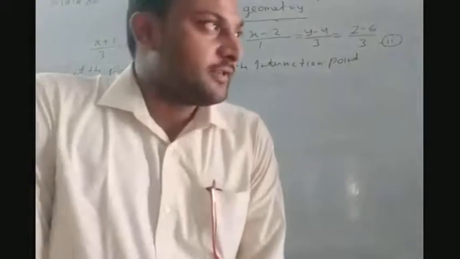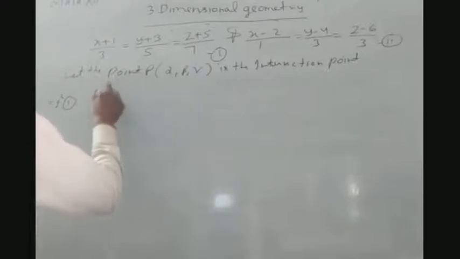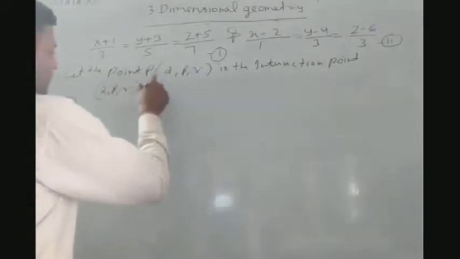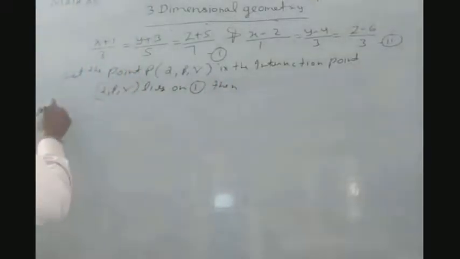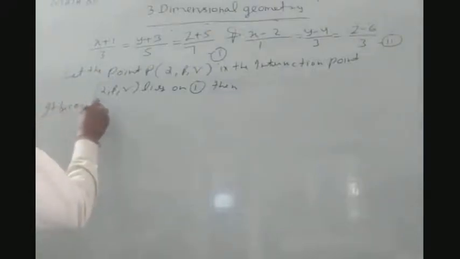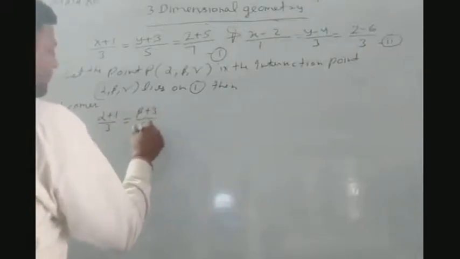This point satisfies both equations. So this point lies on the first line, and we write equation 1 as (alpha plus 1) by 3, (beta plus 3) by 5, (gamma plus 5) by 7.